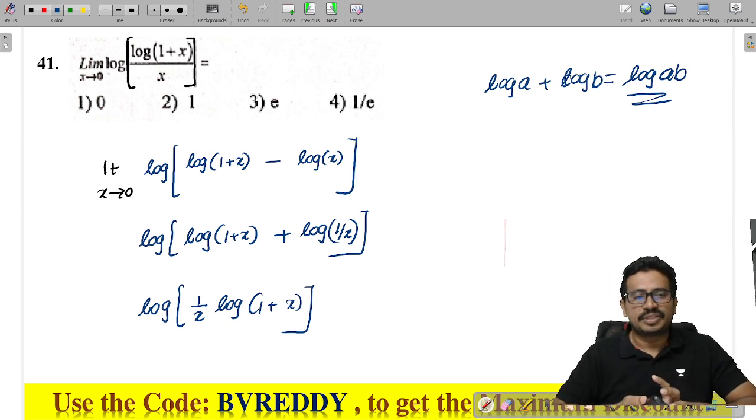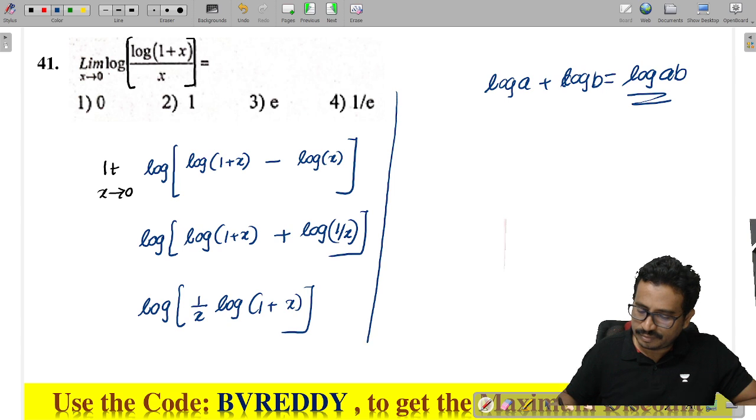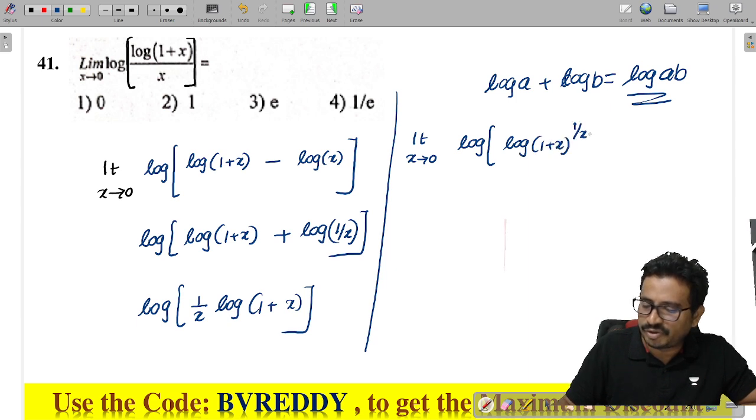Now you can see this thing here. We have modified this as, limit x tends to 0, log of (1 plus x) whole power 1 by x.